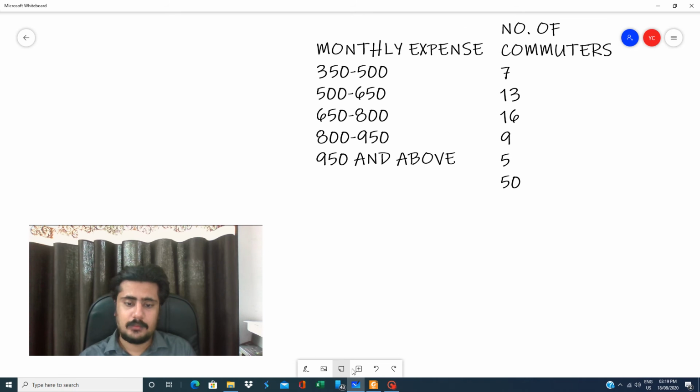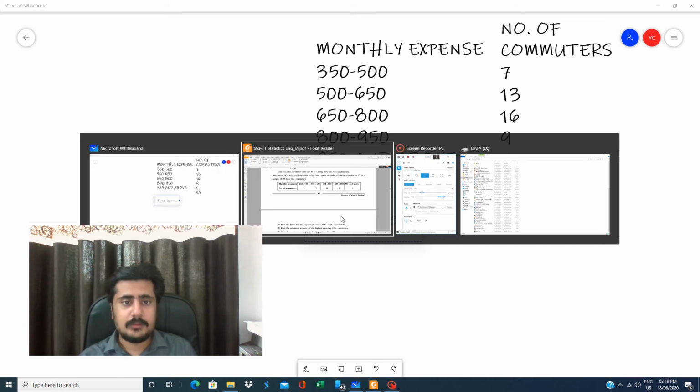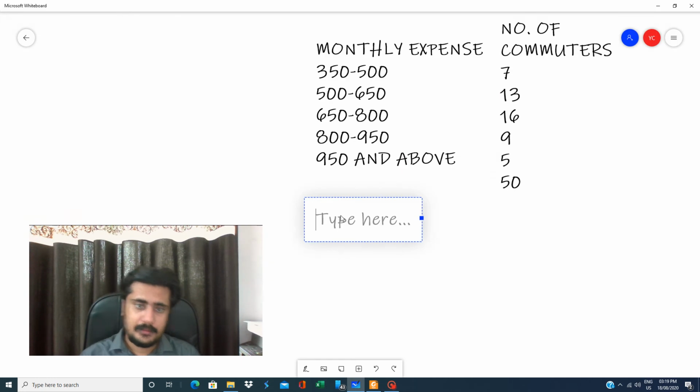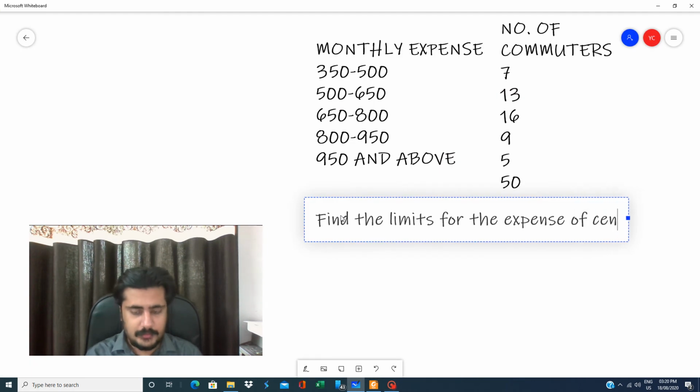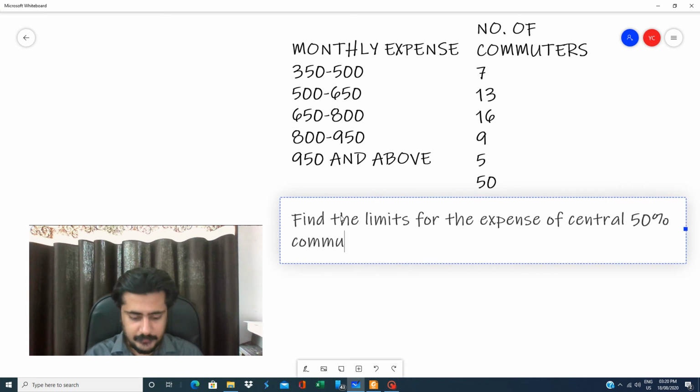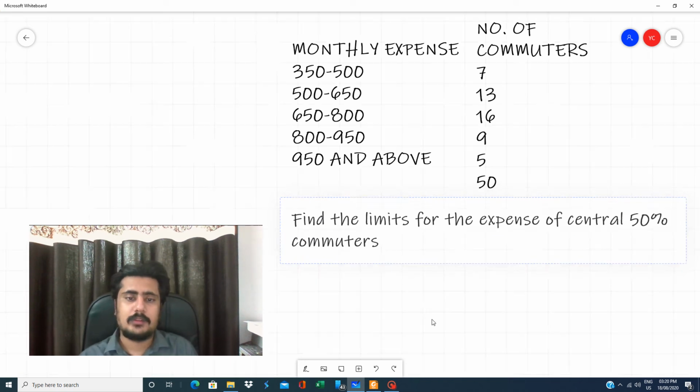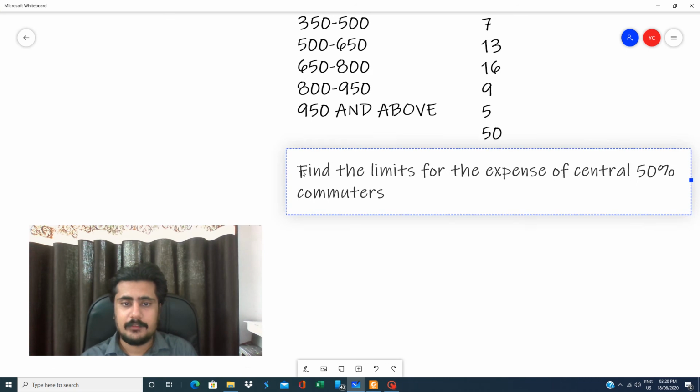Now what is the first question? My first question is to find the limit for the expense of central 50% of commuters.